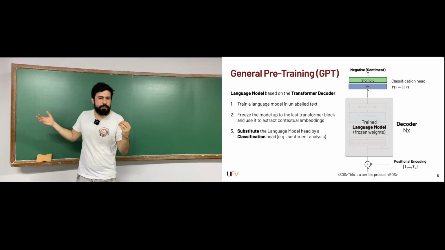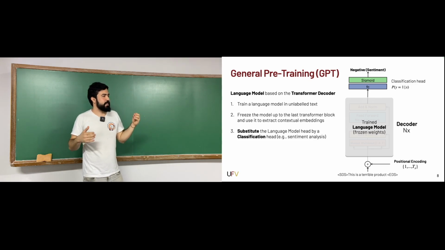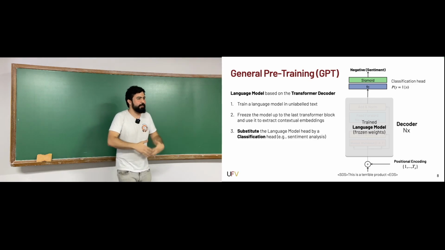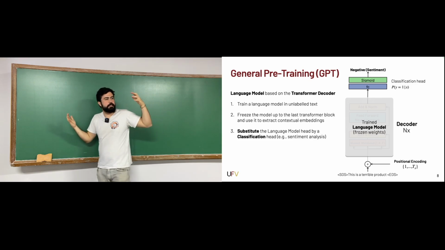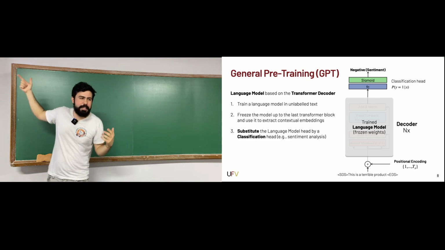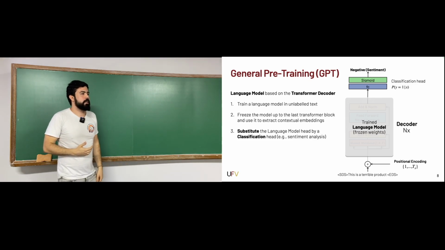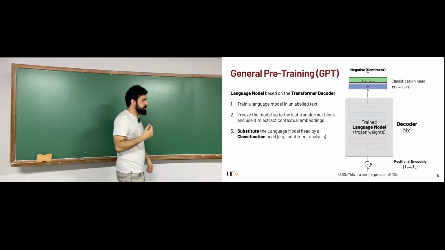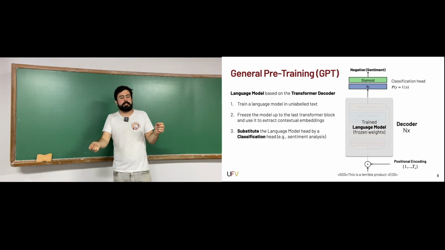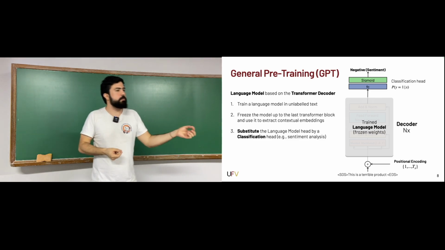This was actually revolutionary, because unlabeled text we have a lot of online, but labeled data is much harder to get. So it's amazing that you can improve your supervised learning models using unlabeled data.